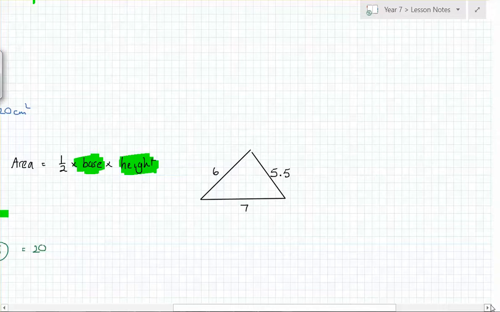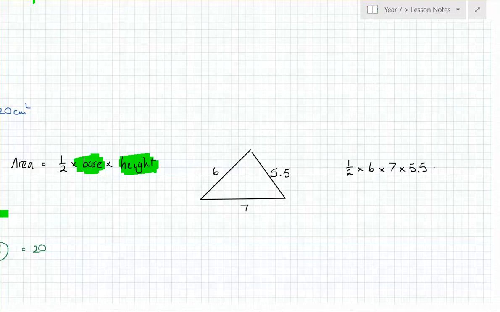Is it half times 6 times 7 times 5.5? 6 times 7 times 5.5, you think. What do you reckon, guys? Right? What do you reckon? Half times 6 times 7 times 5.5. Like, will be too much.